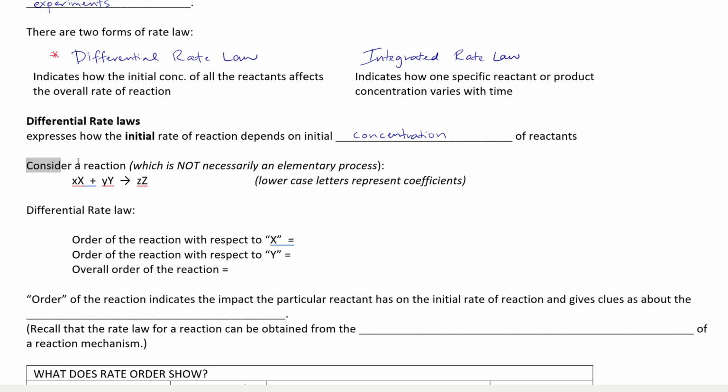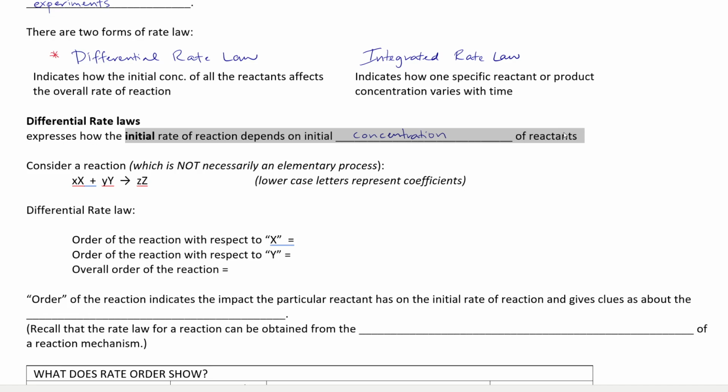So, consider the following reaction. This reaction is not necessarily an elementary process, not necessarily an elementary step. We have X and Y reacting to form Z, where the lower case letters represent the stoichiometric coefficients. The differential rate law is the initial rate of reaction based on the initial concentration of reactants.